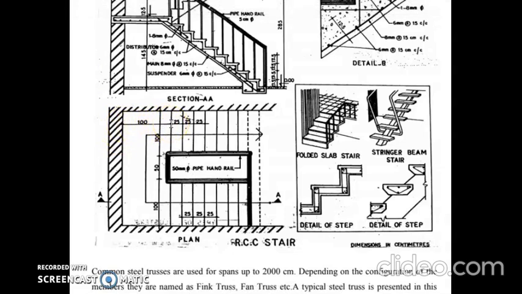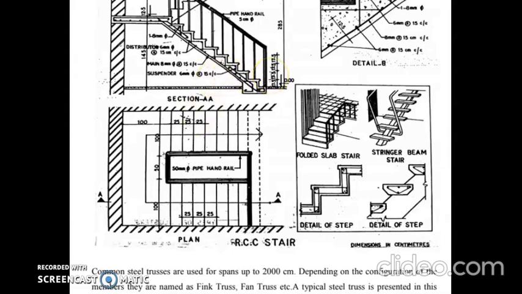The first step, the width is taken as 100 centimeter. And after that we can provide the thread width. The thread width is taken as 25 centimeter. Normally 25 to 30 centimeters the thread width. And the rise height is normally taken as 15 to 17.5 centimeter.